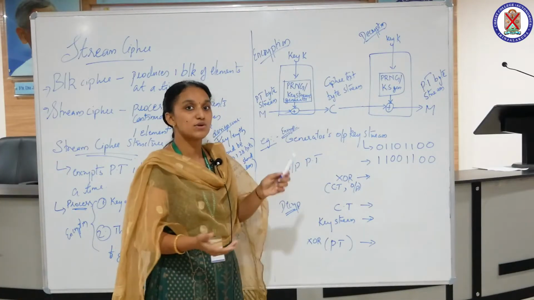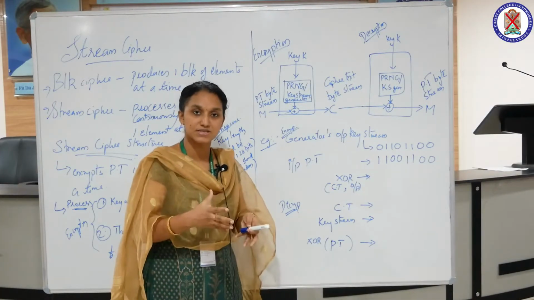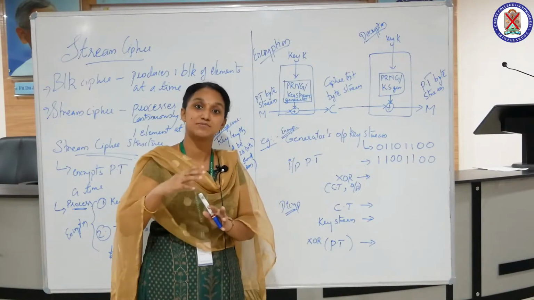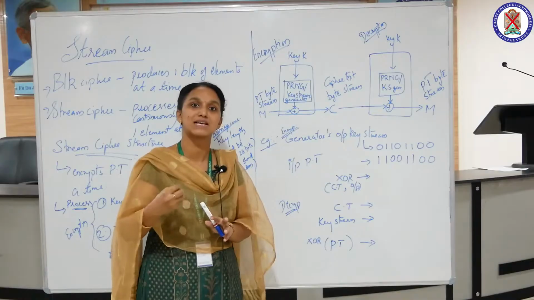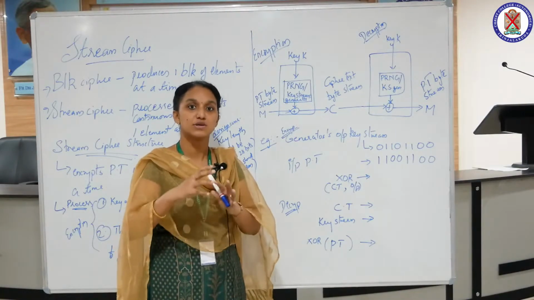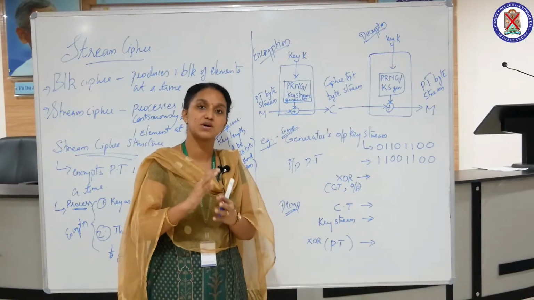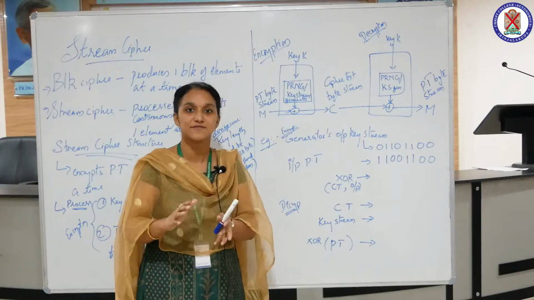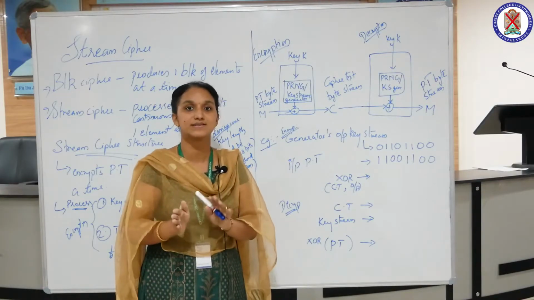What does it do? You have a secret key on the encryption side. Now it is converted to a random number, which makes the cryptanalyst's duty tougher. So using a random number generator, you convert the secret key to a random number, which makes it difficult to guess the secret key.